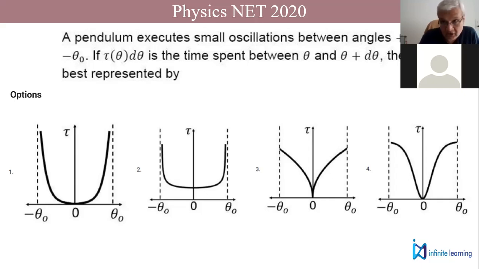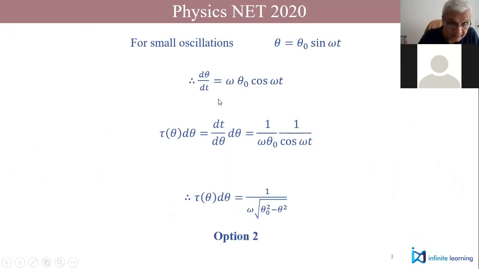Now this requires you to do straightforward but simple analysis. Let's see what we have to do. So look at this. If you take small oscillation for pendulum, then you can say theta is theta 0 sine omega t.